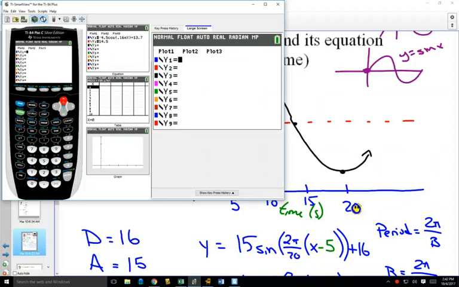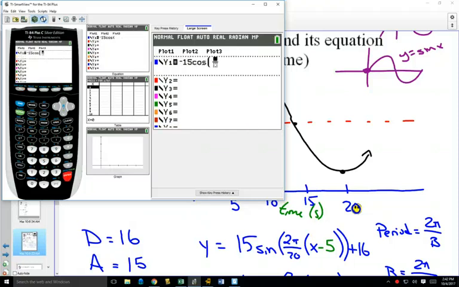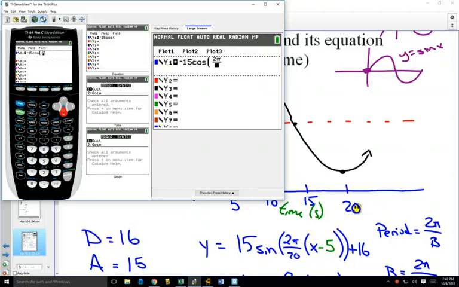I'm going to use the negative one so I don't have to shift things. Cos 2 pi, and you can use the fraction button in here as well if you'd like. So 2 pi over 20 plus 16.